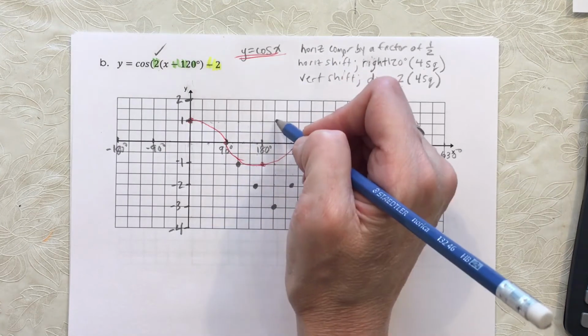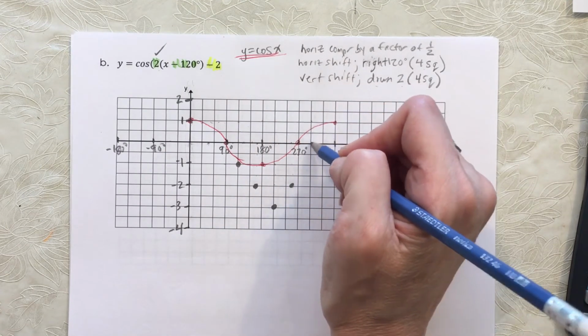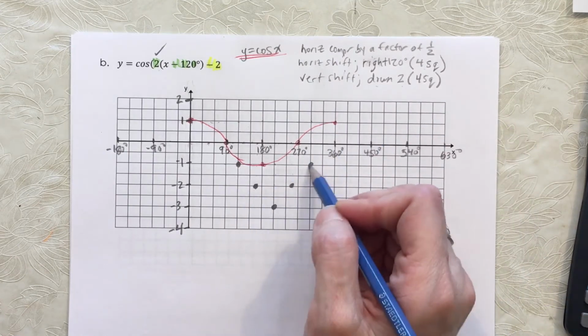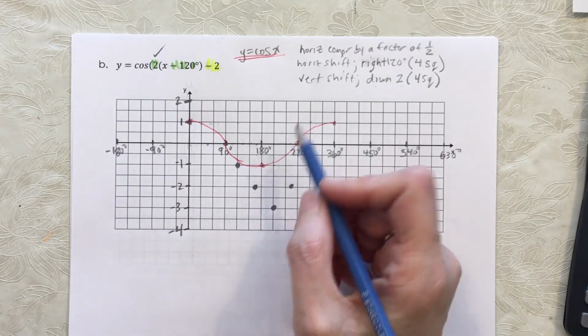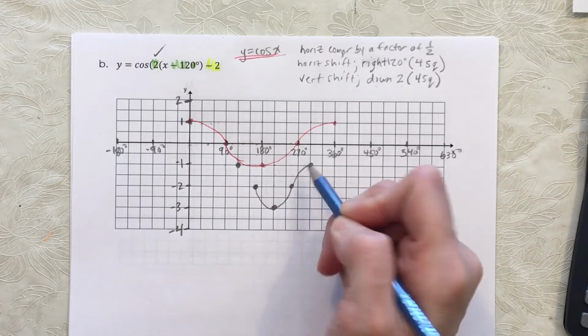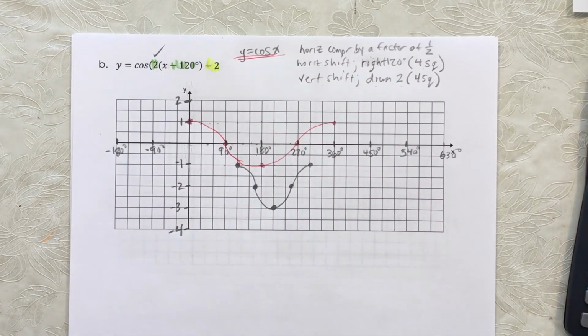And then 4 squares to the right, 1, 2, 3, 4, and 4 squares down, 1, 2, 3, 4. So these are our new 5 points that form one cycle. So we've got our smiley face down here, and then going into a frown. So there's one cycle, and then we should be able to see a pattern that goes from point to point that will get us our second cycle.